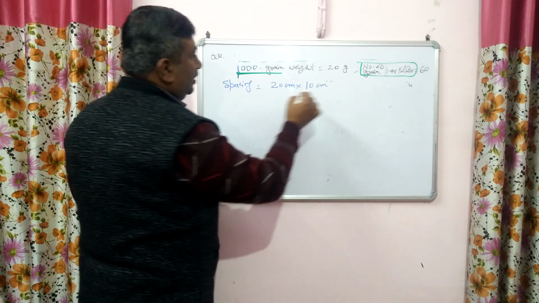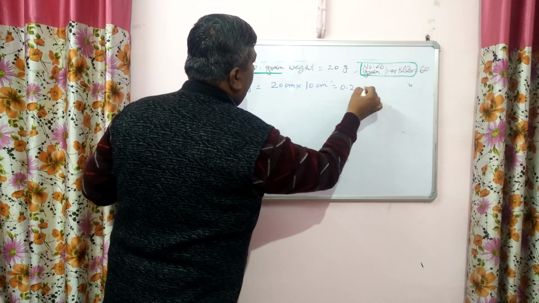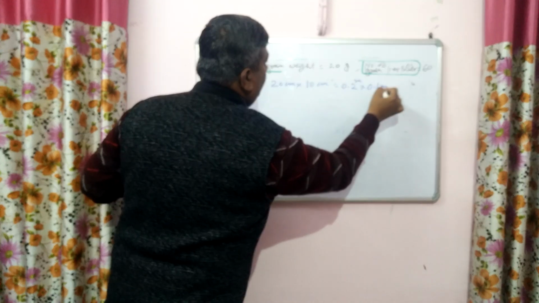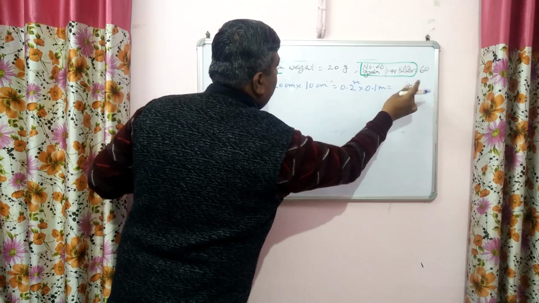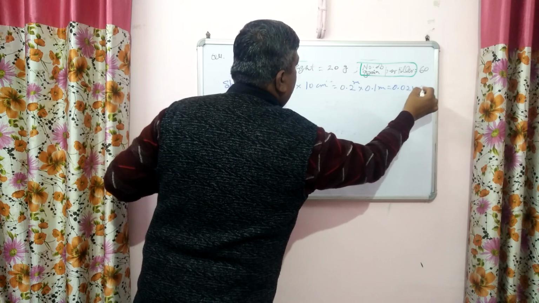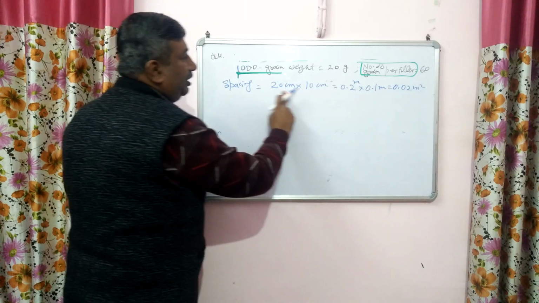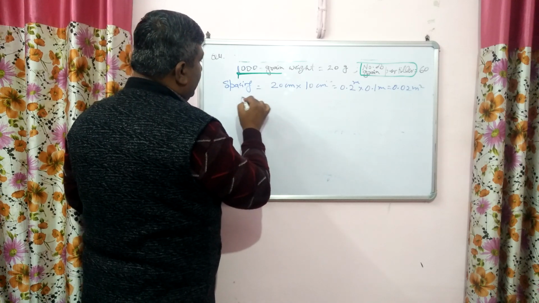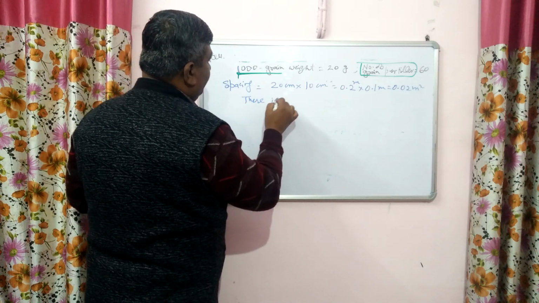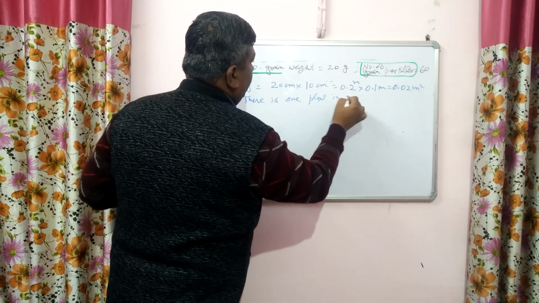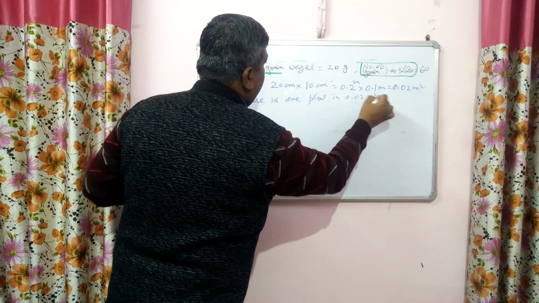Okay, then spacing is 0.2 into 0.1 meter, that is 0.02 square meter. So spacing is 20 by 10 centimeter, it means 0.02 square meter. It means there is one plant in 0.02 square meter.